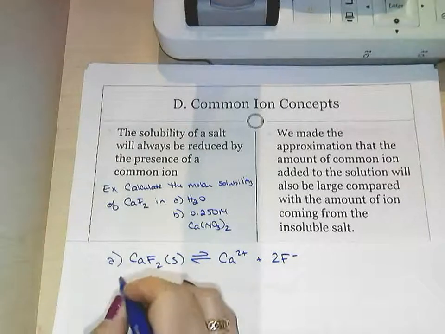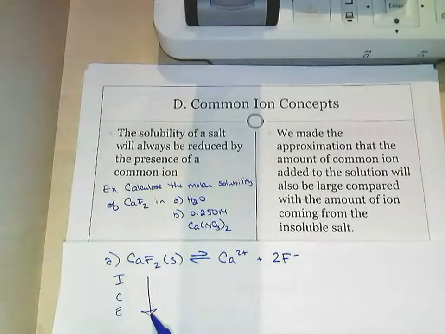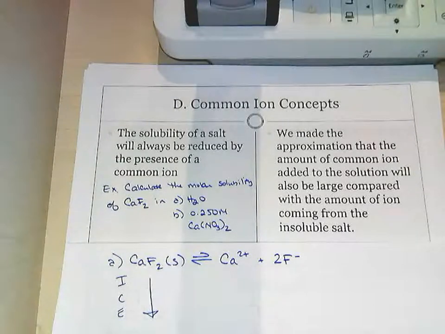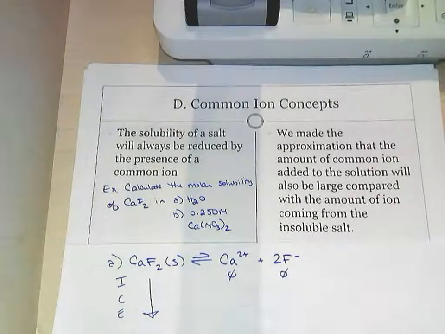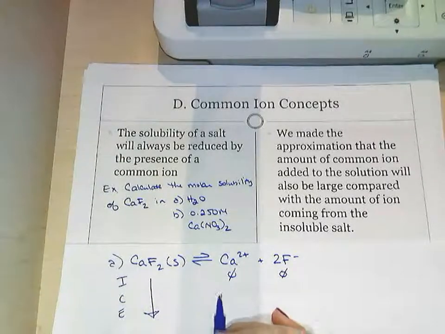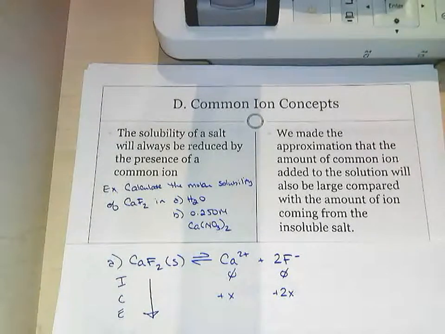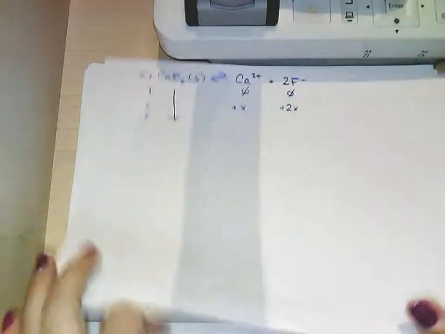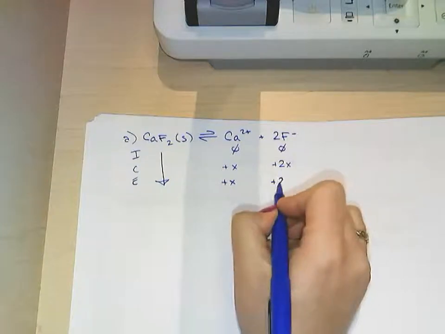All right, so we do our little ICE chart. Why do I draw an arrow through that? Why don't I have to calculate the concentrations of that? It's a solid, right, so it doesn't affect our overall concentrations. And we imagine we start off with none of that. So at equilibrium, we are there.